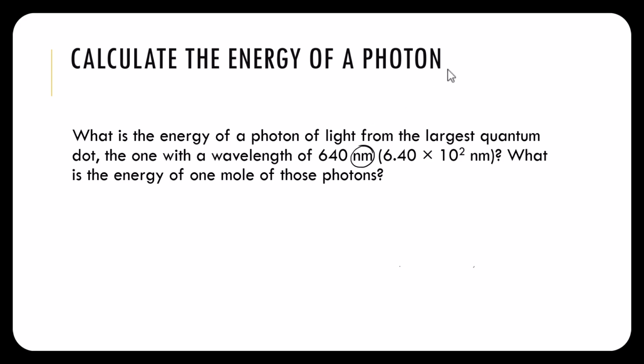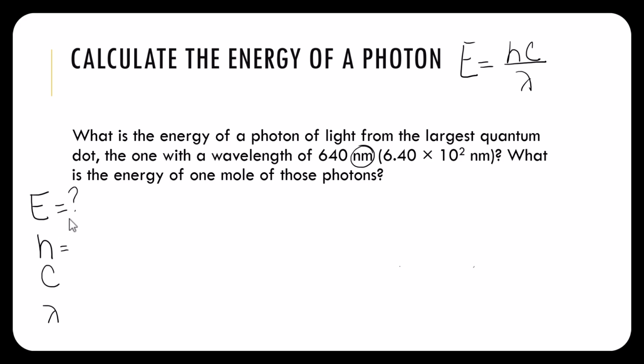All right, anytime I solve a problem like this, I'm going to take inventory of what I know and see what it is I'm trying to solve for. So I'm just going to rewrite my formula up here. Inventory: I've got energy, Planck's constant, speed of light, and wavelength. Energy is what we're solving for.